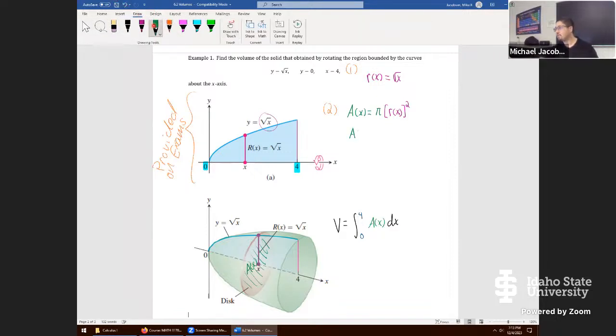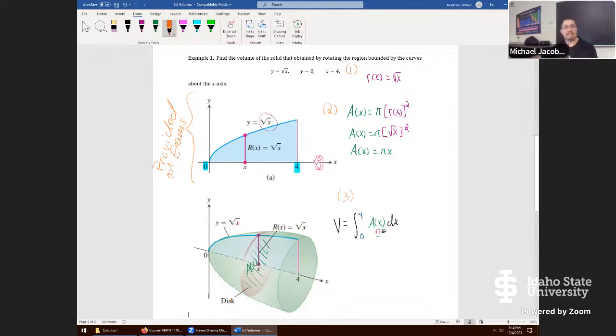So area of x is now equal to pi multiplied by the root of x, quantity squared. Let's simplify that down. Area of x is now equal to pi times x. Power 2 just wipes out the square root, so that's a wonderful function to work with. Then we go to step 3.